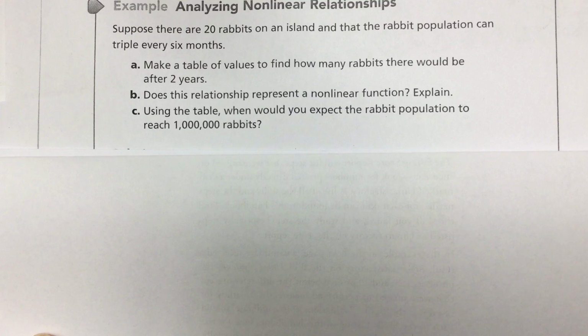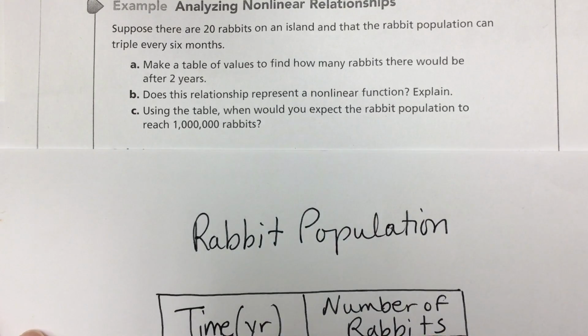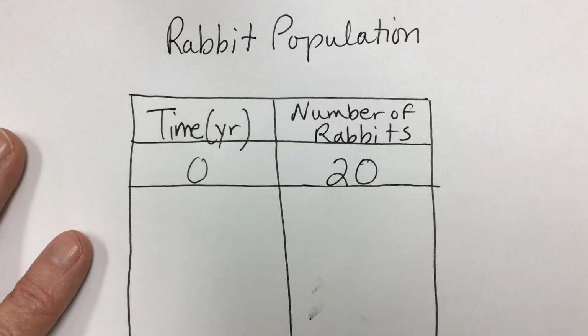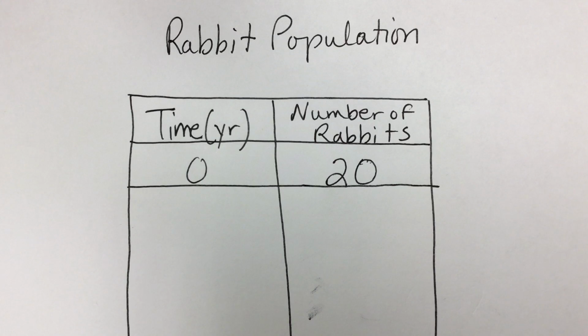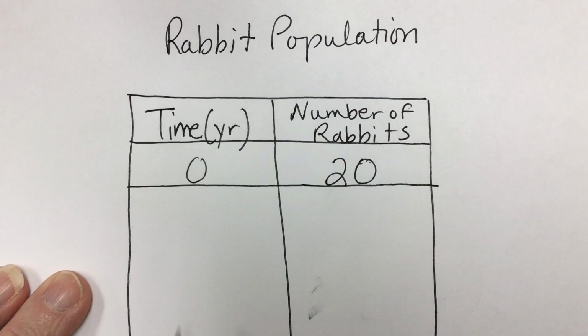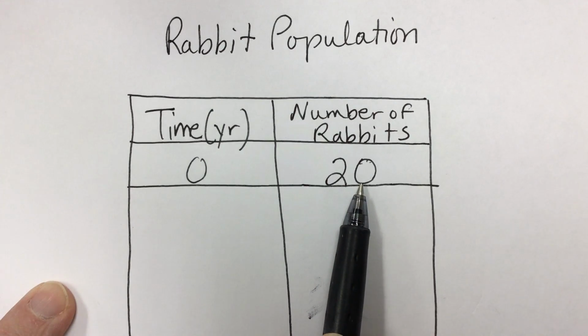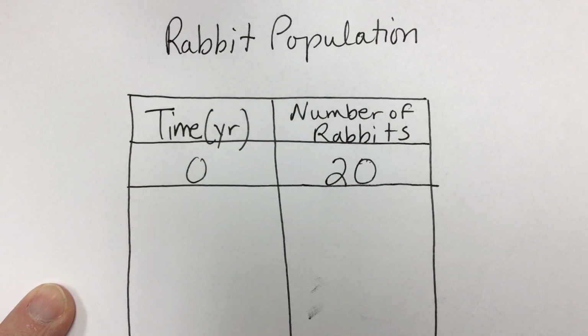All right, so the first thing we need to do with A part is make a table. So I've kind of drawn a table for us, okay? Rabbit population. Right now, at time 0, we have 20 rabbits. Now, every 6 months, the rabbit population will triple.